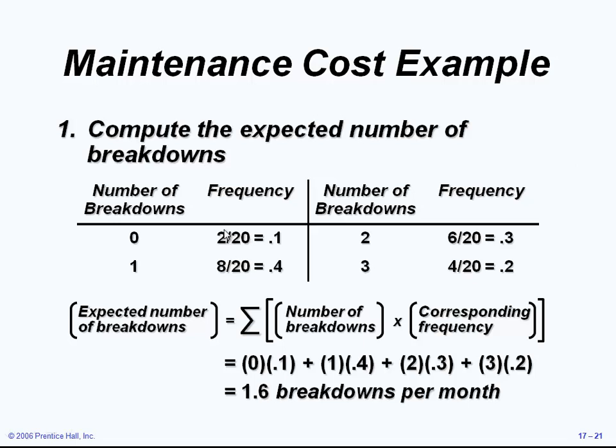Again, 2 out of 20, that's 0.1 frequency. 8 out of 20, that's 0.4. 6 out of 20, that's 0.3. And 4 out of 20, that's 0.2. Multiplying that by the number of breakdowns, we found that the average is 1.6 breakdowns per month.